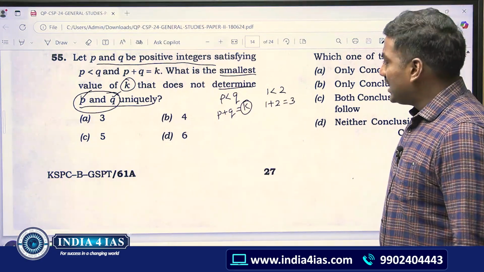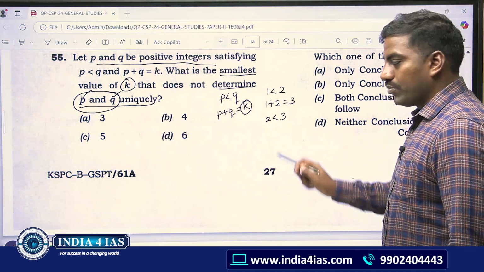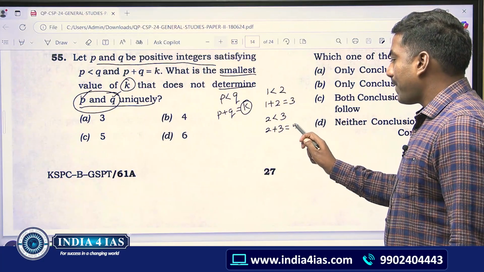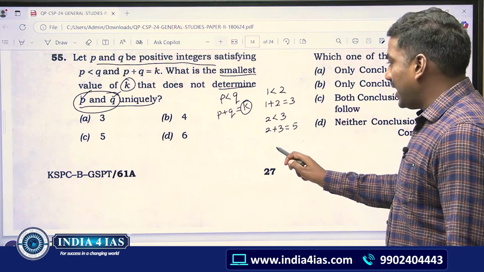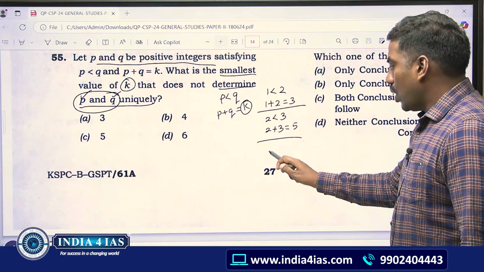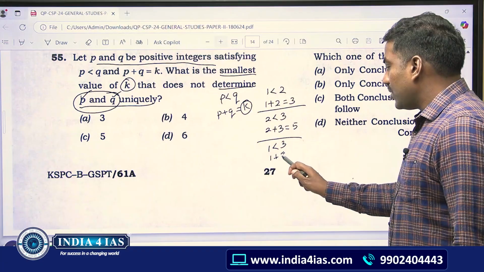Next example that I can take. 2 is less than 3. 2 plus 3 is equal to 5. Third example I'll take. 1 is less than 3. 1 plus 3 is equal to 4.